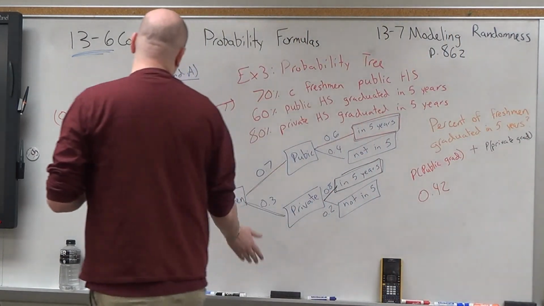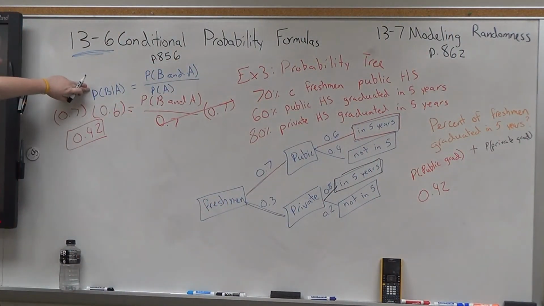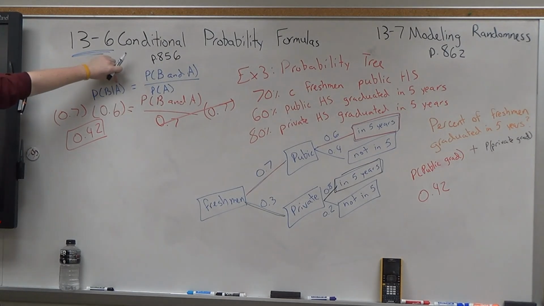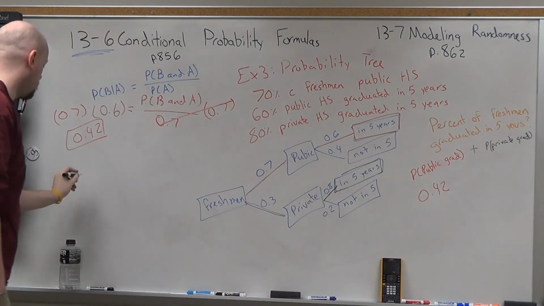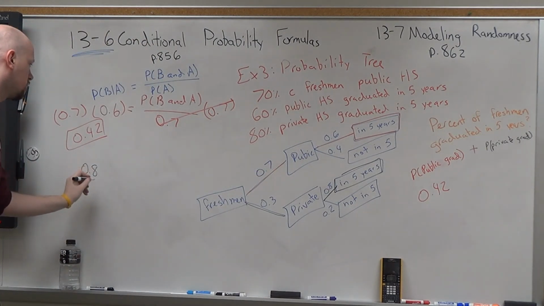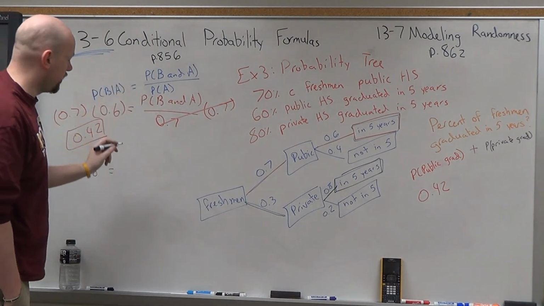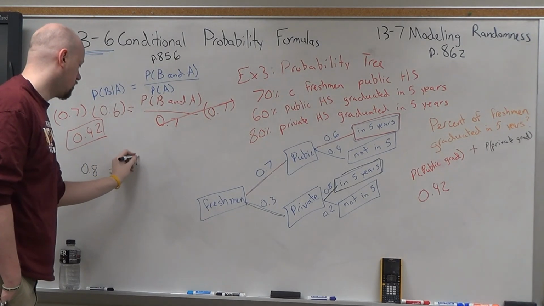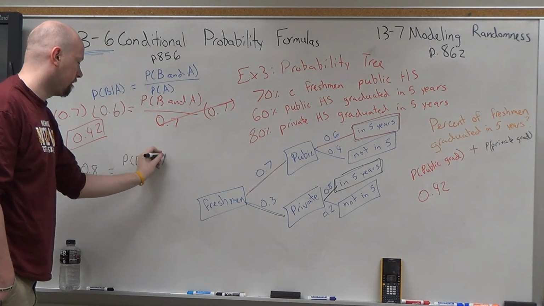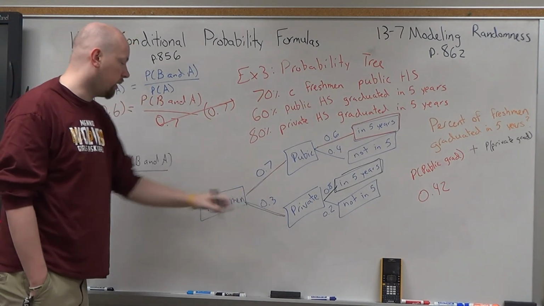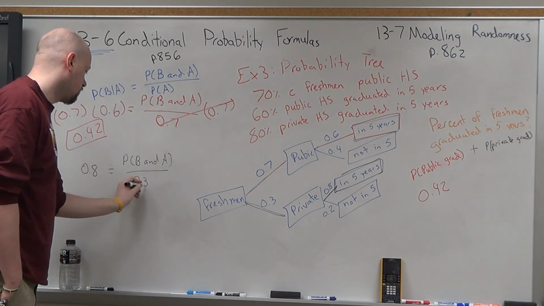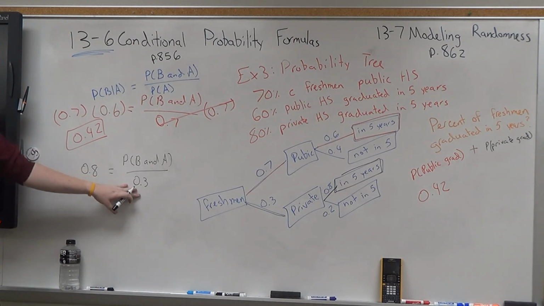Okay, so doing the same process, what is the probability that someone will graduate if they went to a private school? Well, as you said, that was 0.8. I don't know the overlap just yet. But what is the probability that they went to private school? Well, 0.3. And how could I get that 0.3 out of there?